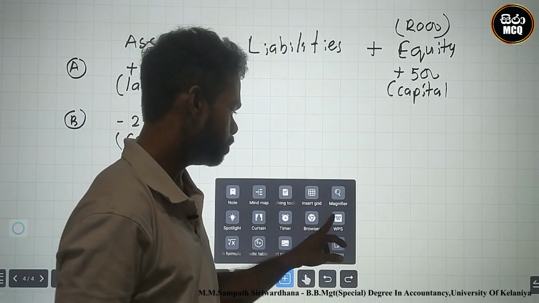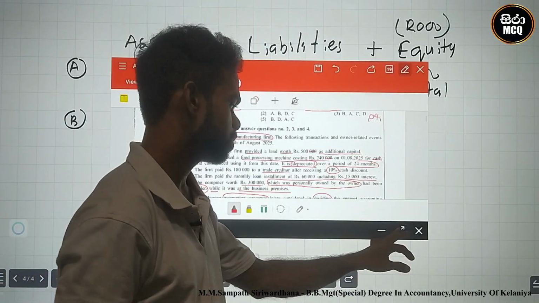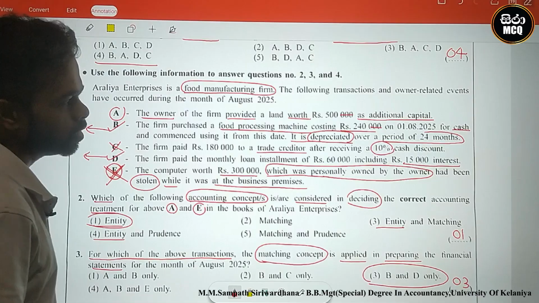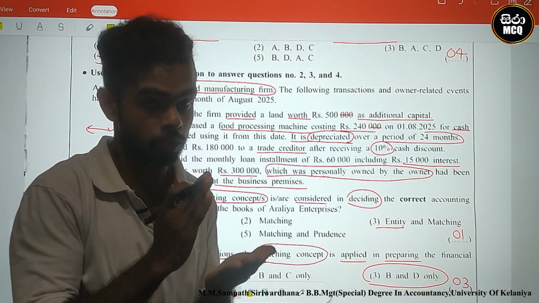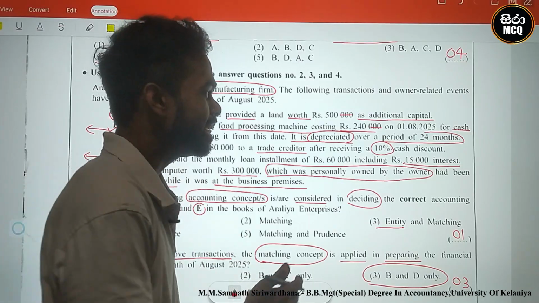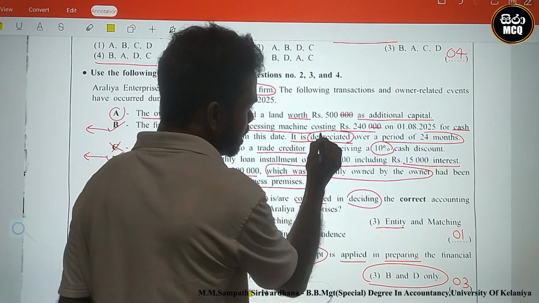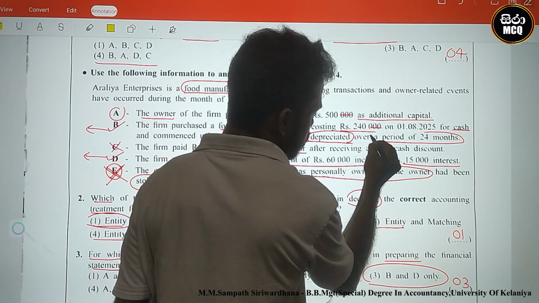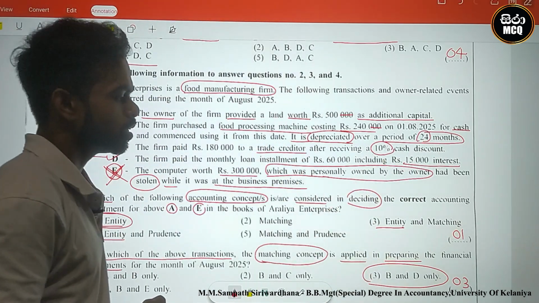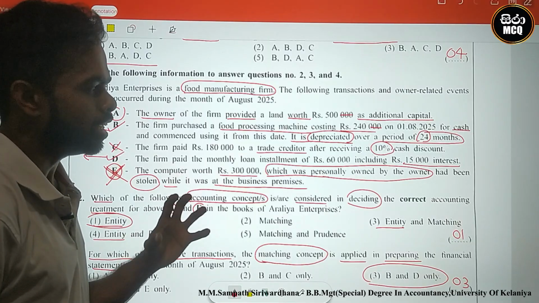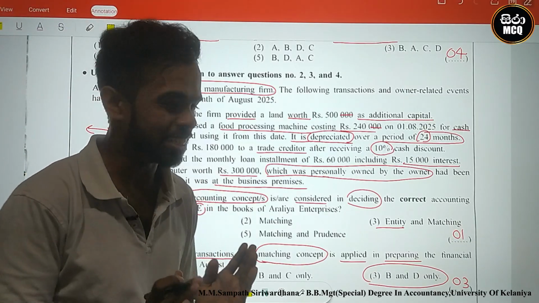Another one, this is the depreciation. This asset was purchased on 1st August 2025, the opening date of the month. Look here, it is depreciated over a period of 24 months. These transactions are related to 1 month.